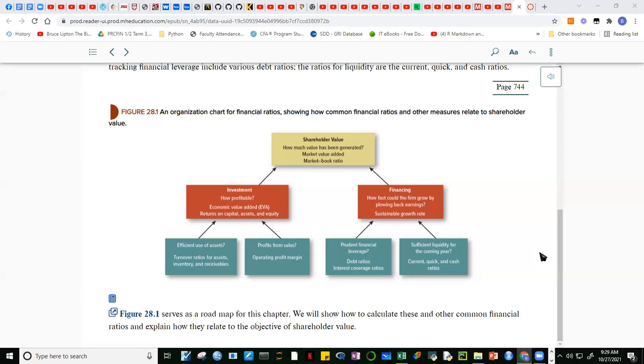Because a company does not operate in a vacuum. A company belongs to a particular industry, and the company needs to see whether its operations and performance are at par with their direct competitors. We might say, wow, the current ratio of the firm is 2. That's good.